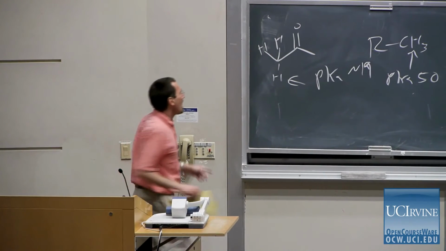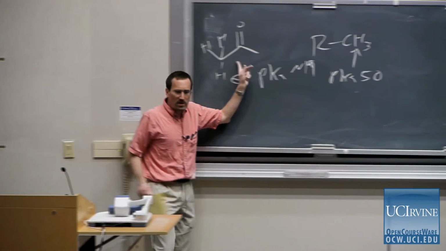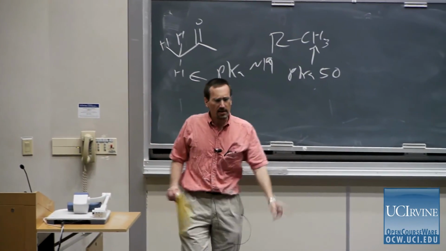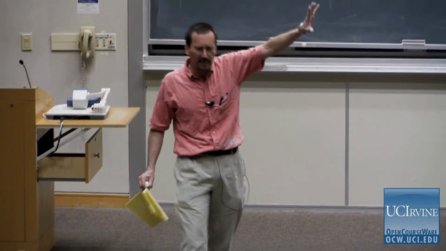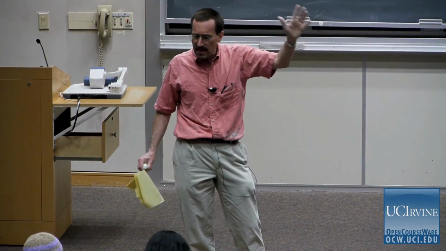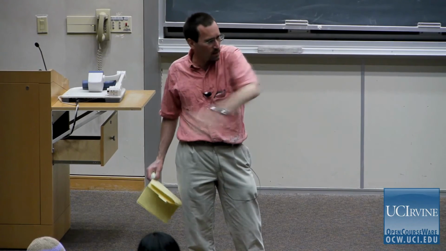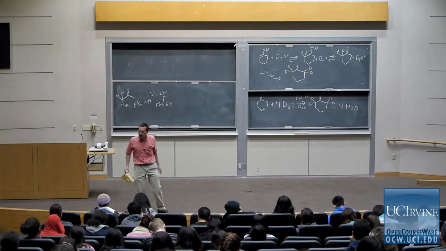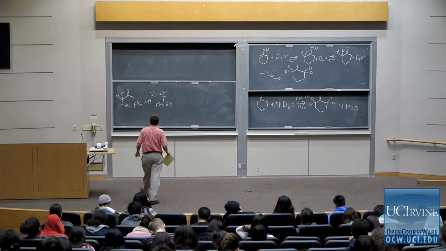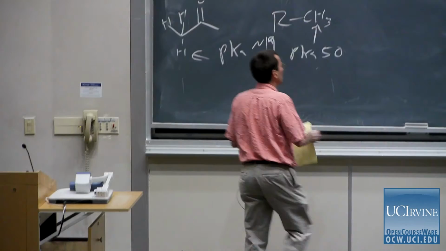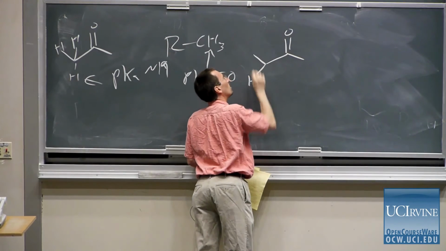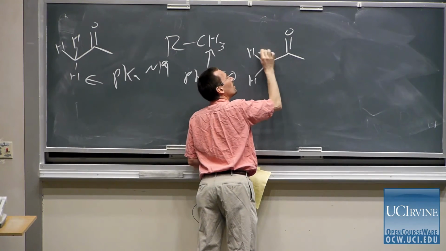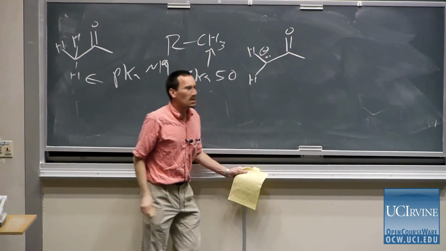It's only acidic in the sense that you can think of its conjugate base as being a very, very, very strong base. And yet, by the time you get over to acetone, putting that carbonyl there shifts by 31 orders of magnitude the acidity of that proton. It shifts the equilibrium massively, because when I think of the conjugate base of acetone, I don't just think of this.